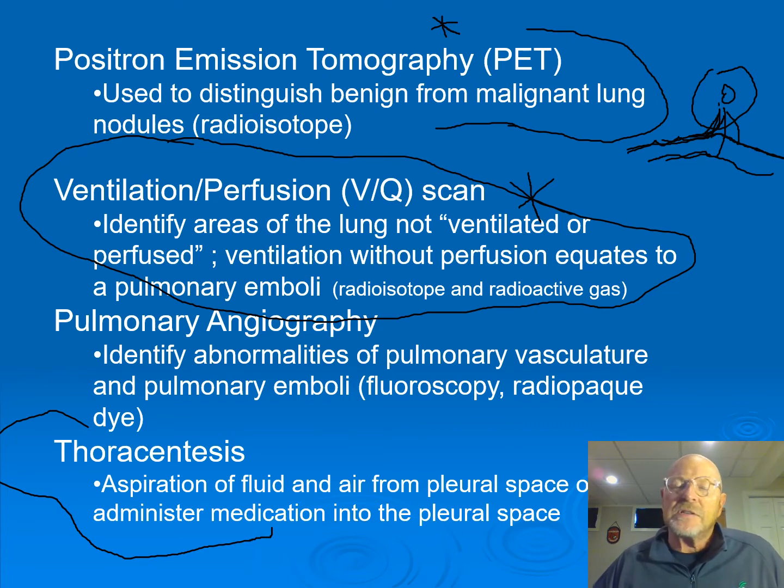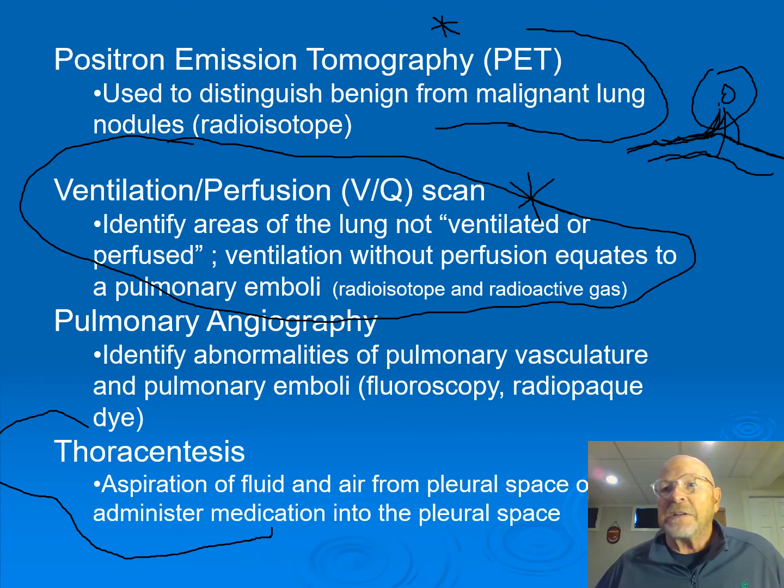For thoracentesis, think about the potential complications. You're sticking a needle into the patient's chest. You're hopefully placing that needle in the pleural space. What happens if you go too far? Well, it actually will puncture the lung, and now you've got a pneumothorax. Now you might not have the fluid accumulating, or it still might be accumulating, but you also have air that is accumulating in that pleural space.